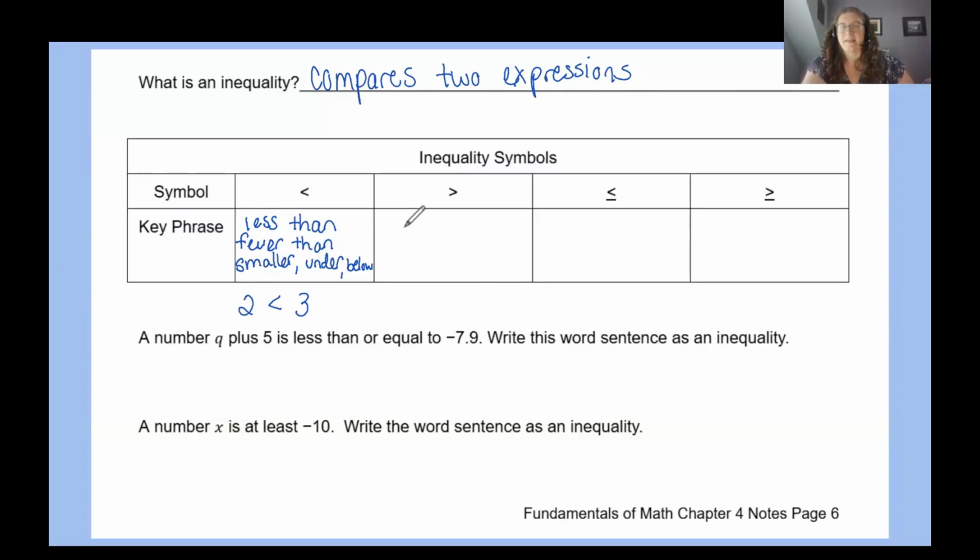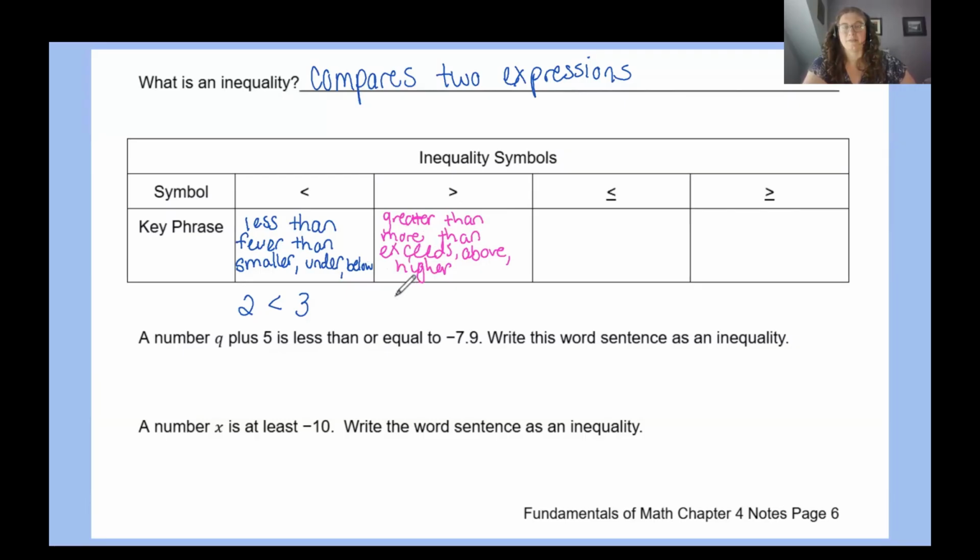So we know that x has to be a number that's less than 3. Right? We could have the greater than symbol. If we see the greater than symbol, we might see the words greater than. We might see the words more than. We could see words like exceeds, above, or higher.